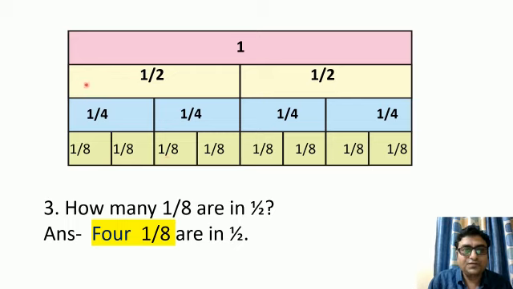Can you see? This is 1/2, this is 1/8. How many 1/8 are there in that area? So 4, 1, 2, 3, 4. So 4 1/8 are in 1/2. So these are very simple, but we should see this table to find out the answer.